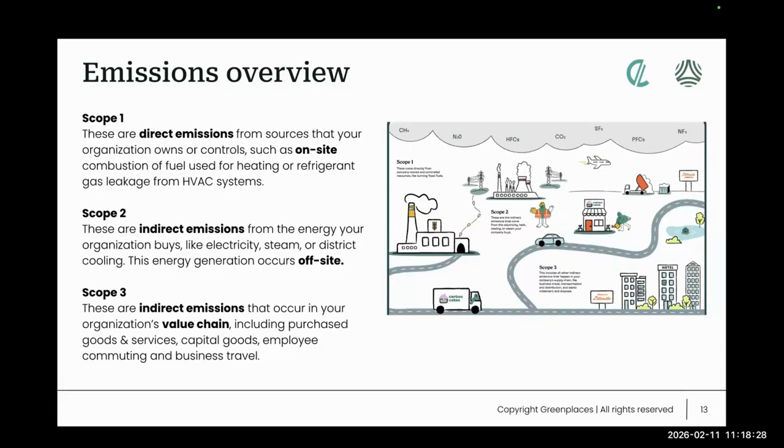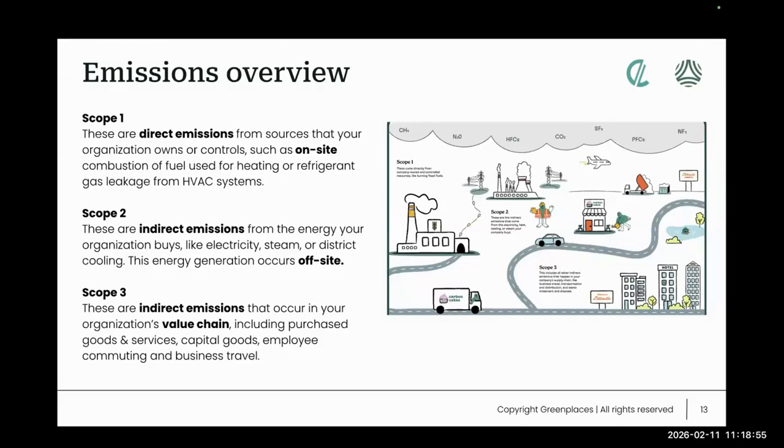This is usually the easiest to reduce through renewable energy procurement, RECs, PPAs, really good foundational history here of decarbonizing your scope 2 emissions. And quite conveniently, or not conveniently, depending on how you look at it, everything else tends to fall into scope 3. So this is everything else in your value chain, typically about 70 to 90% of most organizations' footprints. And that's consistent with our clients as well across many, many different industries.